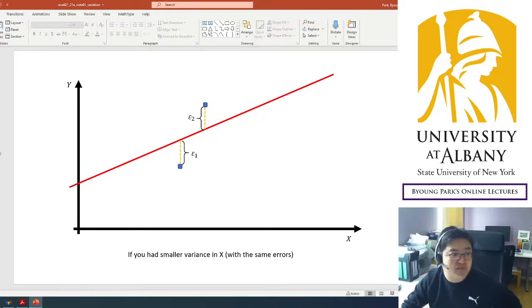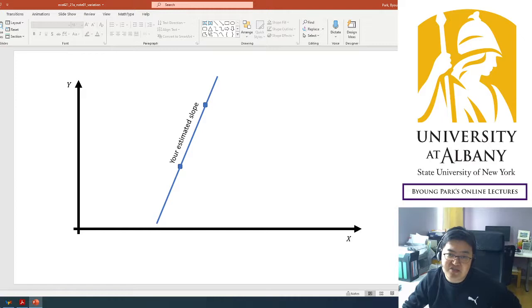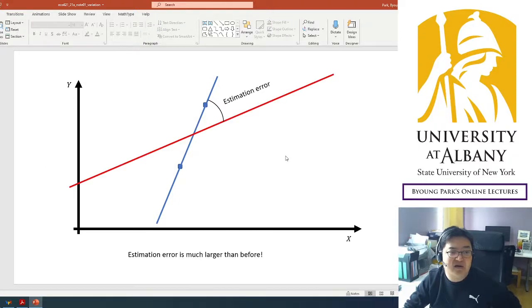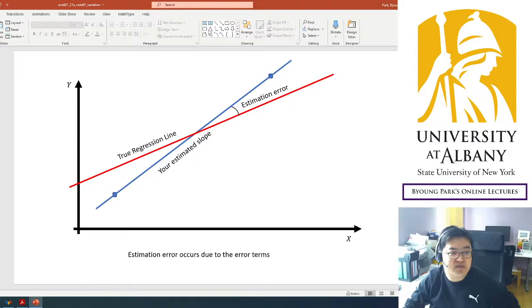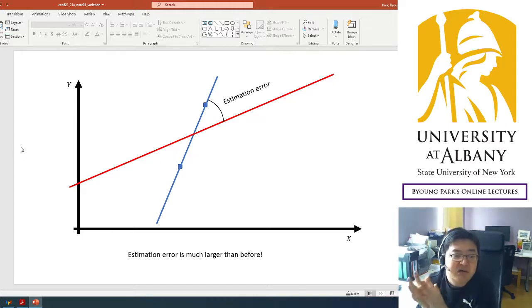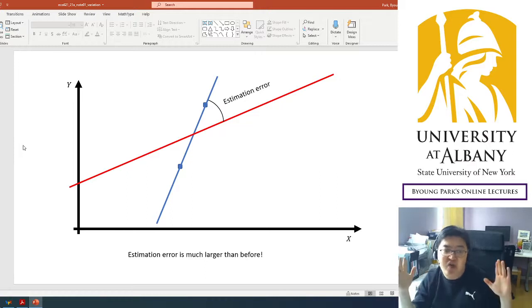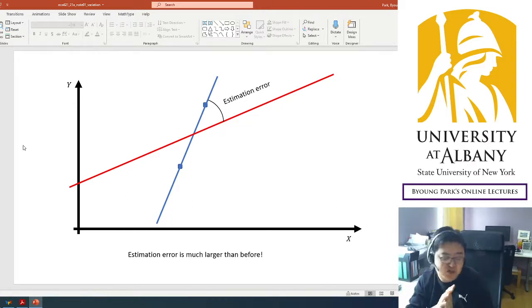And then do the same thing. This is your estimated slope, right? The estimation error is obviously much larger than what you had before. Compare this with this. So you see, even if the same amount of errors occur, your estimation error is much larger when you have a smaller variation in x.